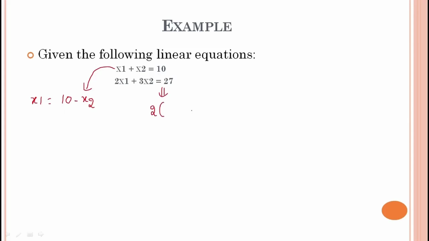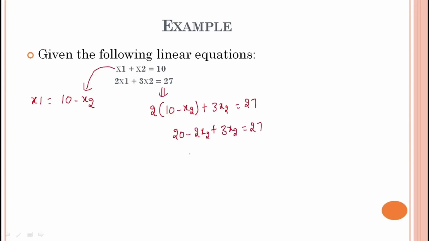What is x1 here? x1 is 10 minus x2. And this is 3 into x2 is equal to 27. So we can write it as 20 minus 2x2 plus 3x2 is equal to 27.